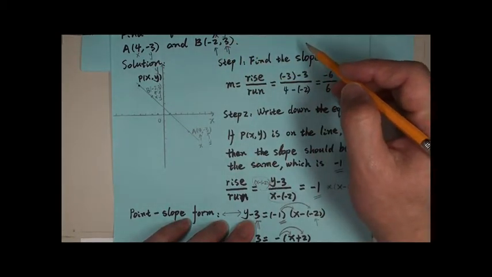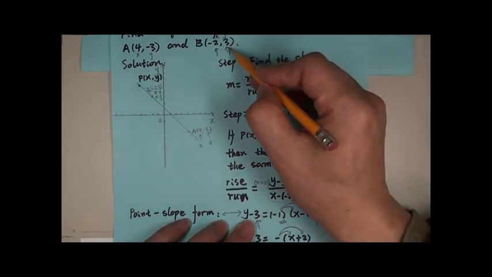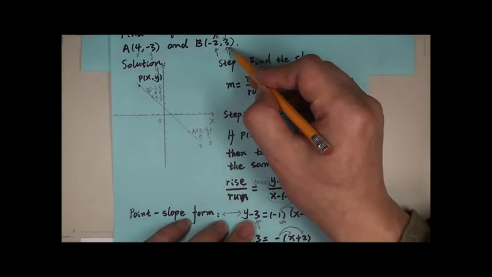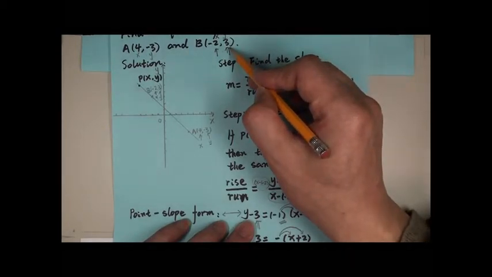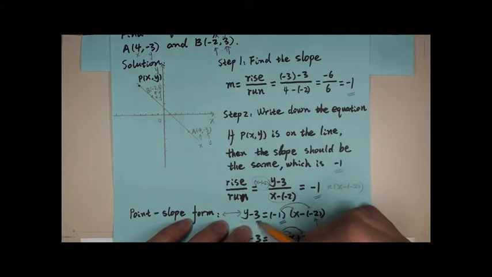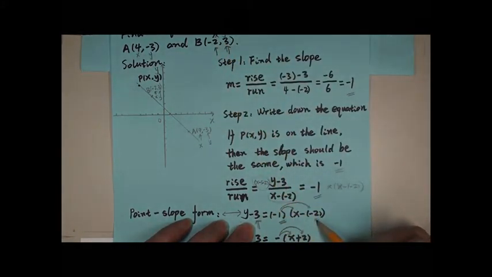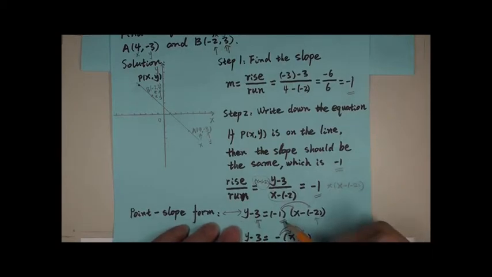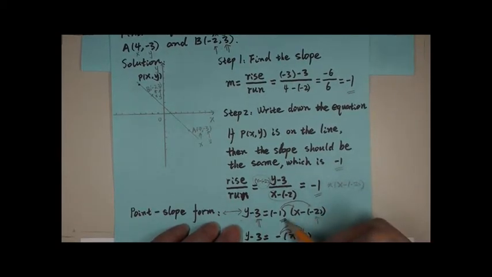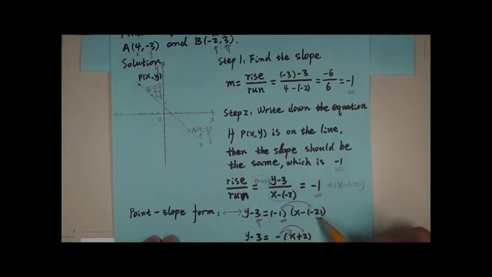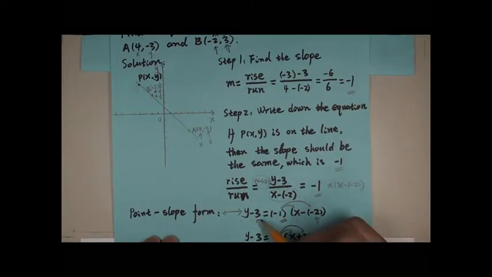So right here I chose this one. So y minus positive 3, that's this one, and x minus negative 2, that's this one. And you put the slope in front of it. And then this one is called point. Here is x, here is y.